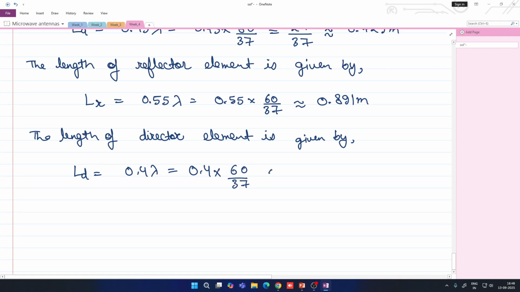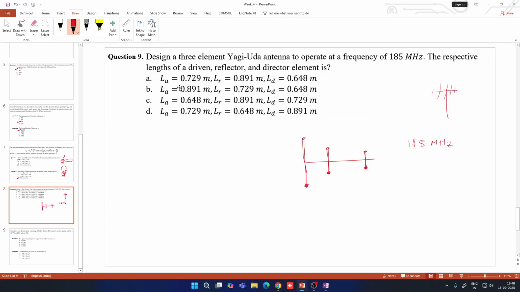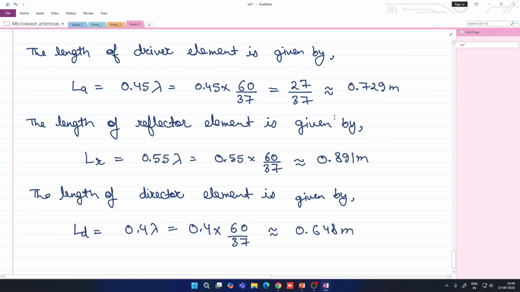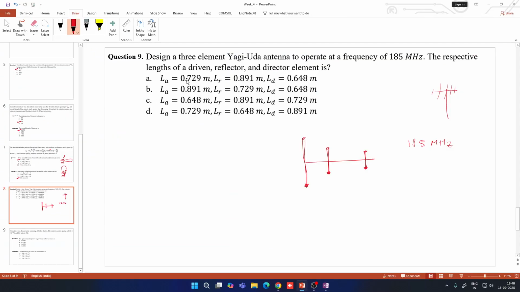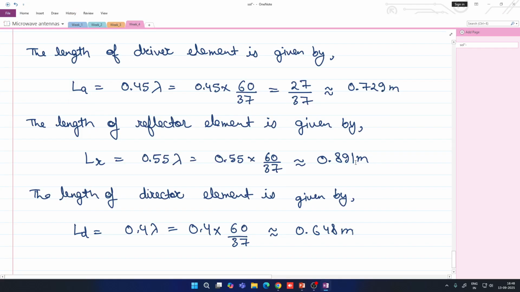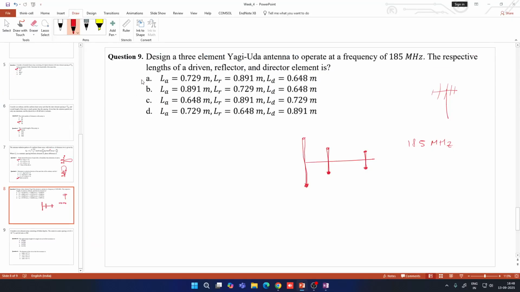So it comes out to be approximately 0.648 meters. If you match it with the given options, the correct option is A. LA should be 0.729, LR should be 0.891, and LD should be 0.648. So the correct option here is option A.